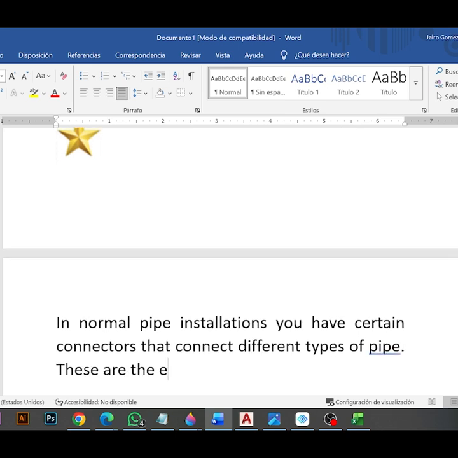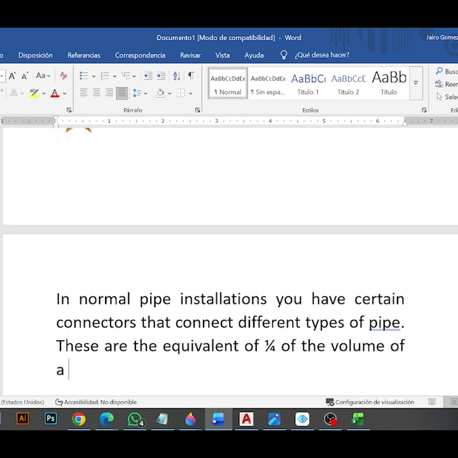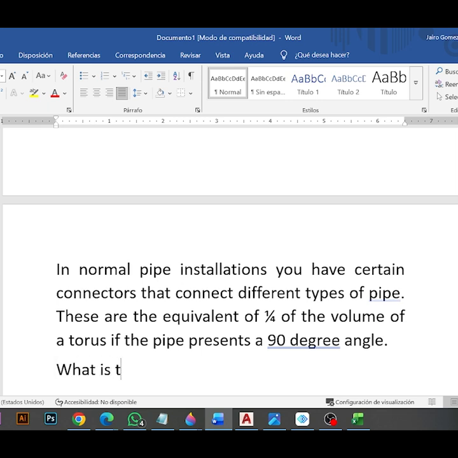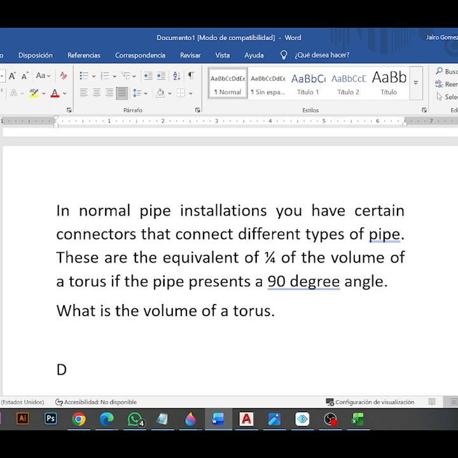These are the equivalent of 1/4 of the volume of a torus if the pipe presents a 90-degree angle. So, what is the volume of a torus? Well, the demonstration that I'm going to make will be how to determine the volume of a torus.